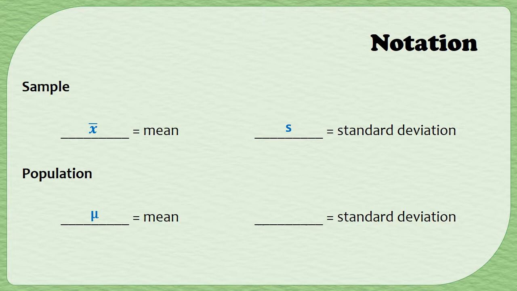So this symbol is called mu, like think about a cat, mew. That's our population mean. And the population standard deviation symbol kind of looks like an upside down baseball cap to me. This is sigma. This is a lowercase sigma.